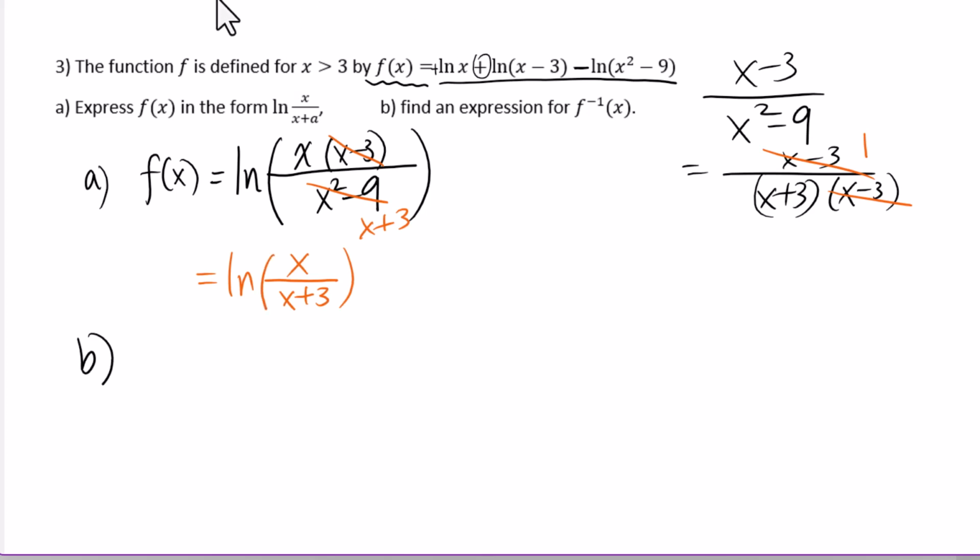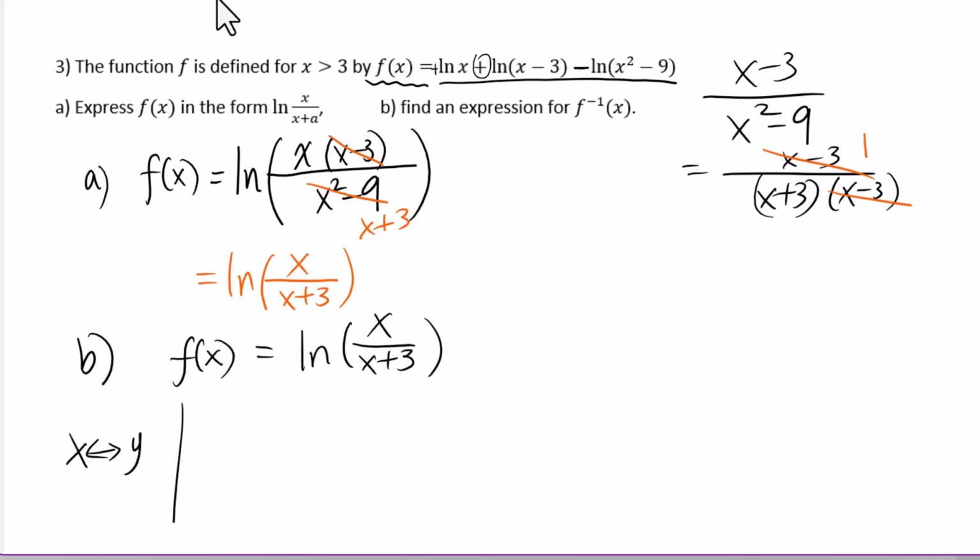For B, find an expression for inverse f of x. We are given f of x equals natural log of x over x plus 3. First step, switch x, y. We do know f of x is y.